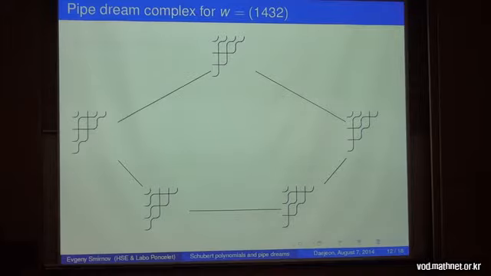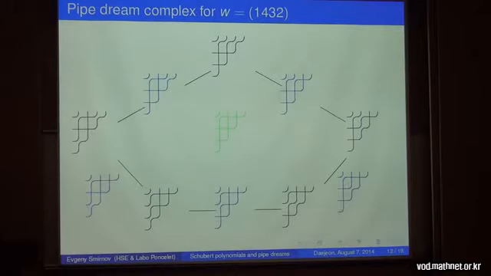There are 5 of those pipe dreams, and I organize them as a pentagon. And if I consider non-reduced ones, I get the blue guys corresponding to edges of this pentagon, and the green guy corresponding to the two-dimensional face of this pentagon.